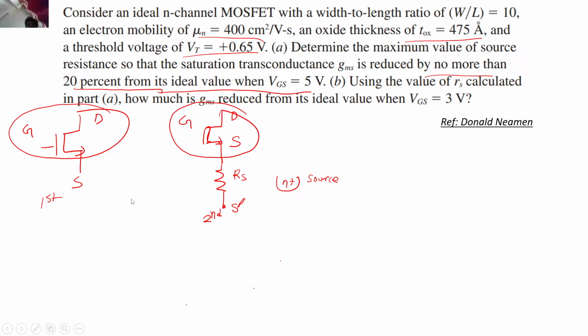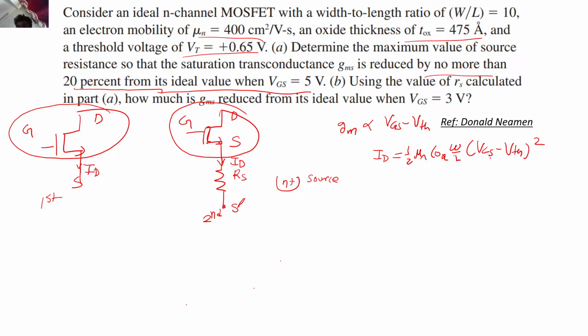So first of all, tell me, gm is directly proportional to what? VGS minus VTH, right? Now I just want to ask you one question. What is the direction of current flow? The current flows like this. Now ID is proportional to VGS minus VTH whole square, that is, half mu n Cox W by L times VGS minus VTH the whole square.